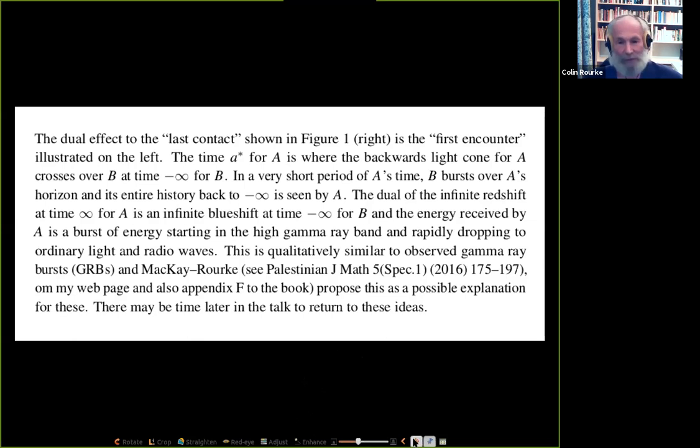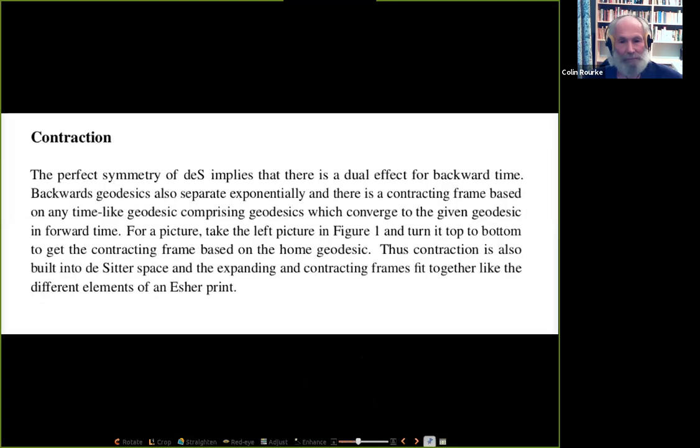Okay, now, this is a wonderful symmetry of De Sitter space. It's duality. Go backwards in time, it's the opposite of what it is going forwards in time. So there's a dual effect for backwards time. Backward geodesics separate exponentially, and there's a contracting frame based on any timelike geodesic, consisting of geodesics that converge to it in forward time.